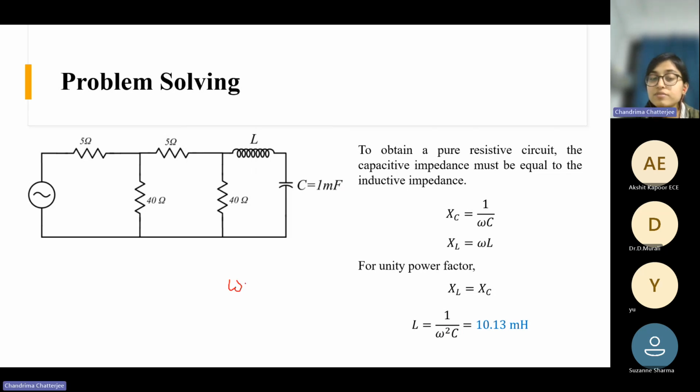Omega is 2 pi f, where f is the supply frequency, 50 hertz. Okay, so that's how we can calculate the inductor value.